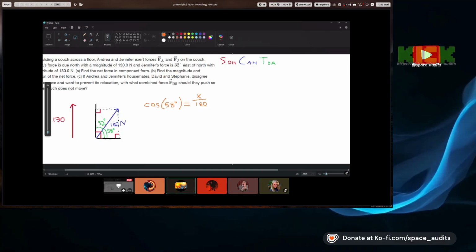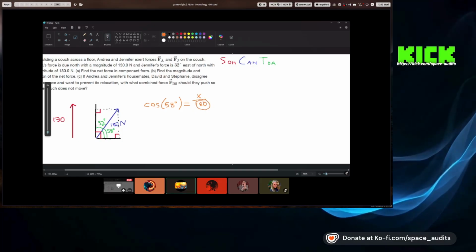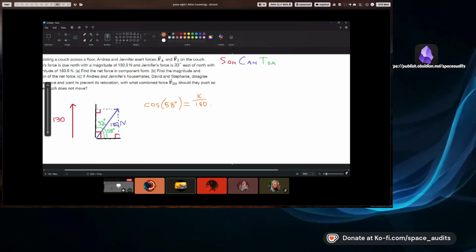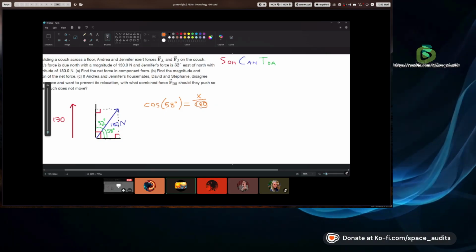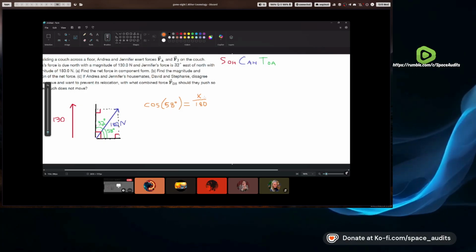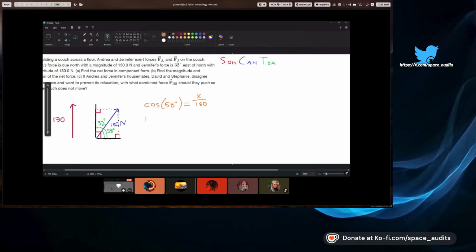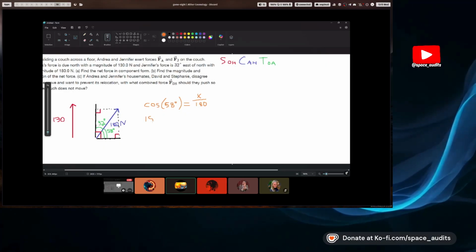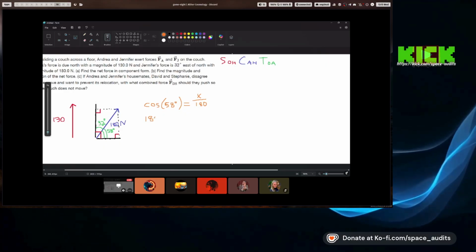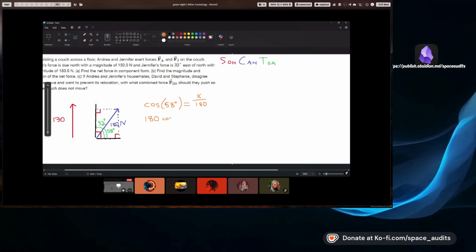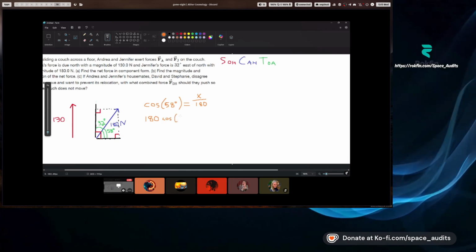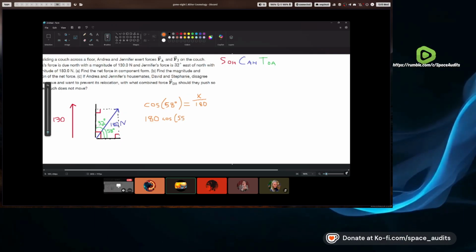I would multiply both sides by 180, because the 180 over 180 will cancel out. I'll be left with just x. So now I have 180 times cosine 58 degrees equals x.